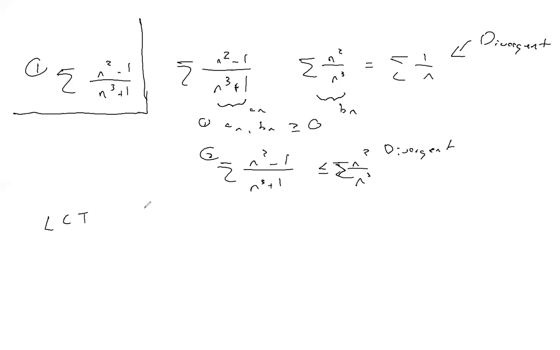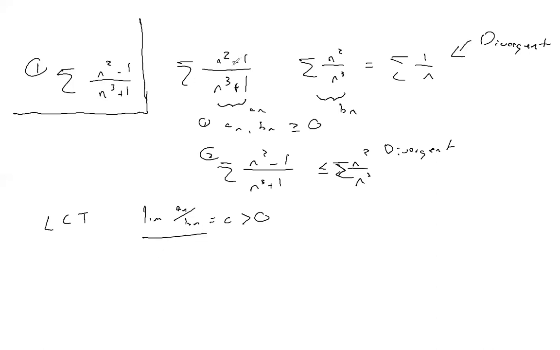So what do I need? I need the limit of a_n over b_n to equal some c strictly greater than 0. If this is true, these series are going to do the same thing. So if one diverges, the other is going to diverge. Let's figure out what this is.